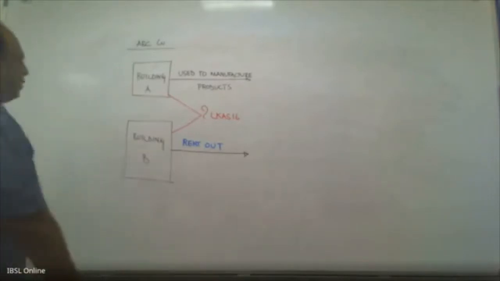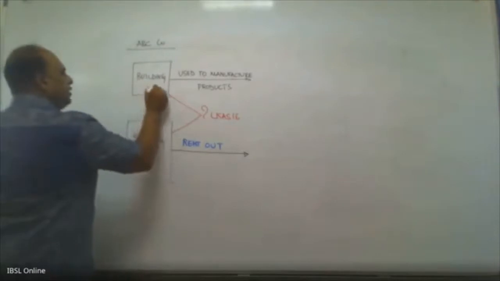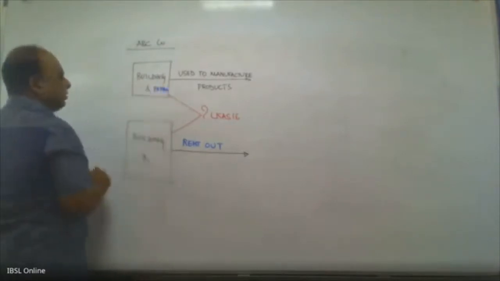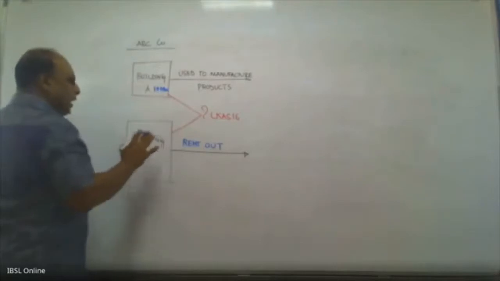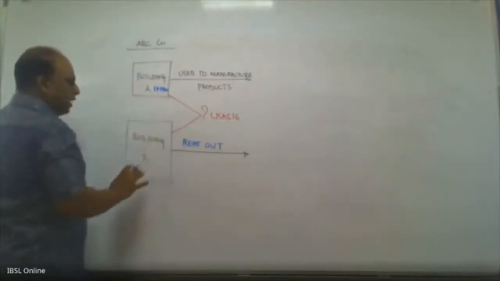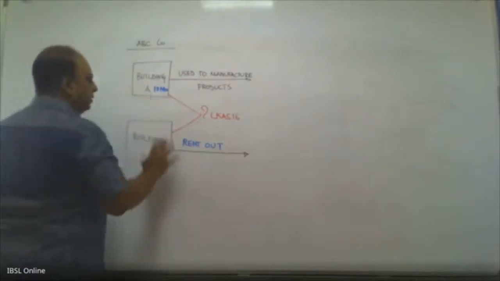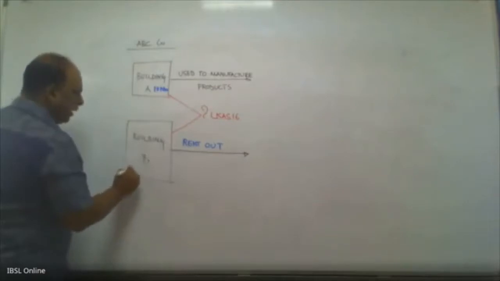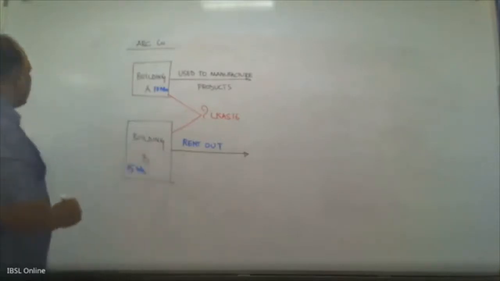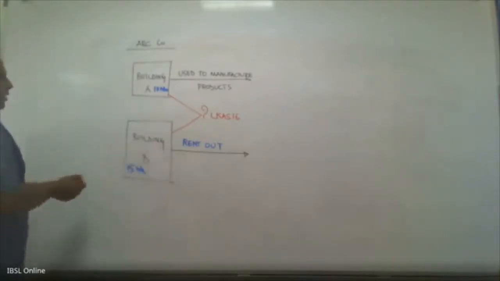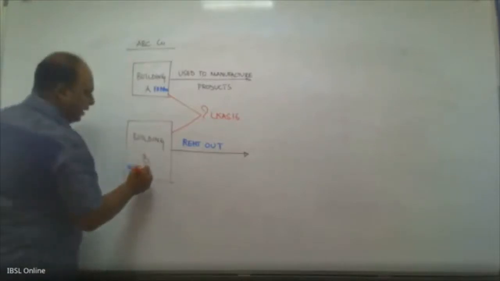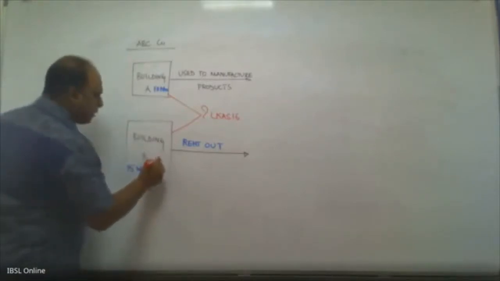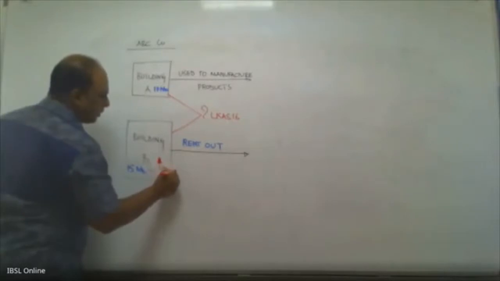Then I'm going to put down some values also. Let's say this building is worth 10 million. This is in a location where the land prices and the building prices don't grow that much. Alternatively, this is in an area where, let's say, the building is worth 15 million at the time of purchase, but every year the prices are going up.